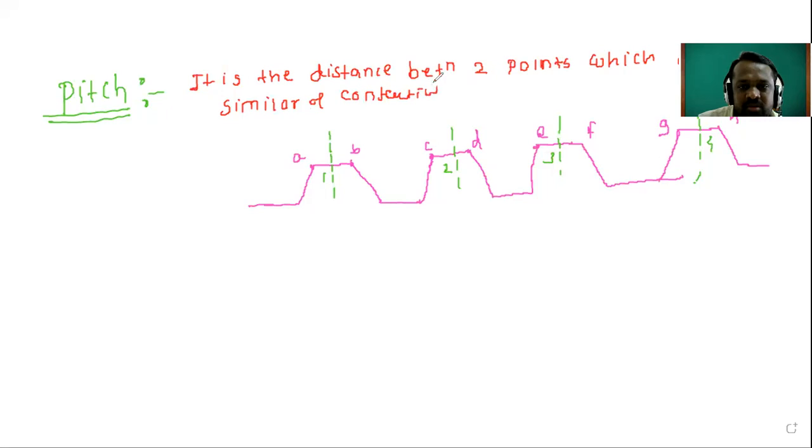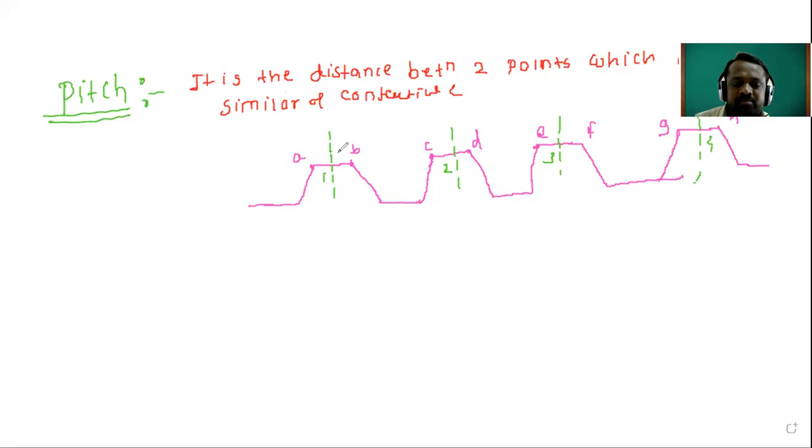Then what is meant by consecutive in Marathi? What is the meaning of consecutive? Samalag, saman, salag. Consecutive means salag. Just see the definition: it is the distance between two points which are similar and consecutive.